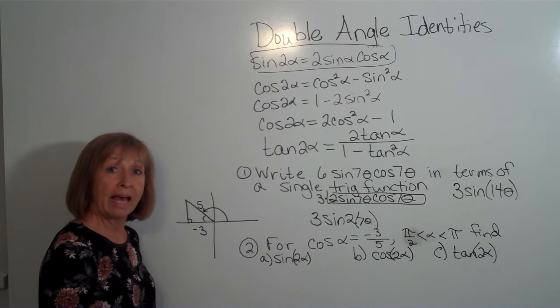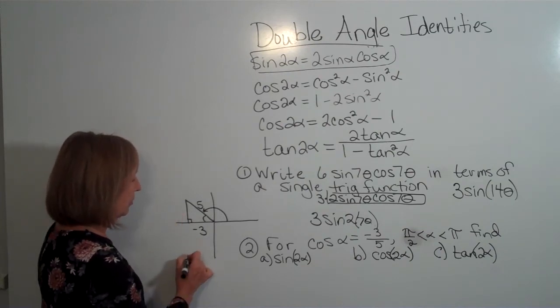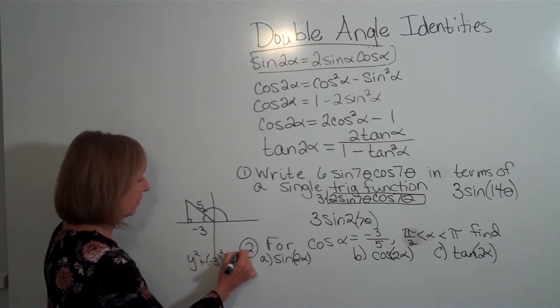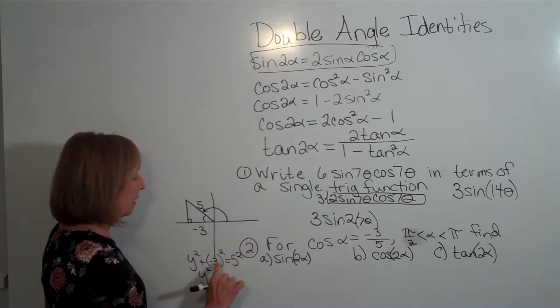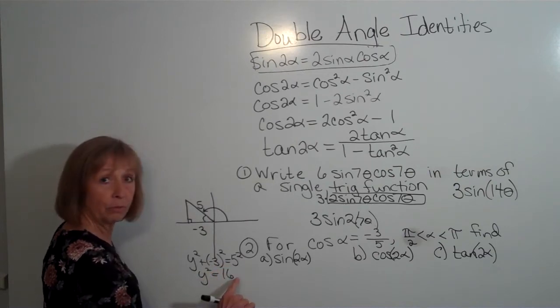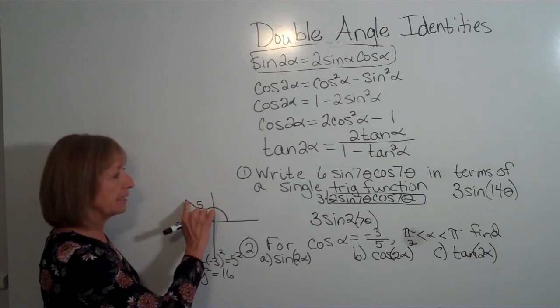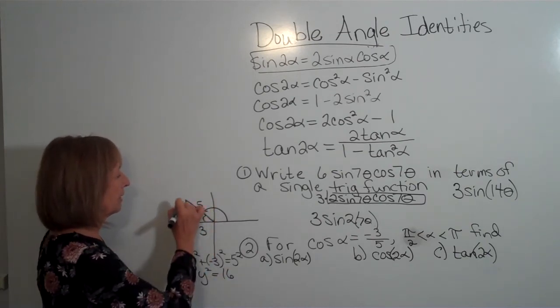And we'll use the Pythagorean theorem to find the missing side of the triangle. So y squared plus -3 squared is equal to 5 squared. And I get y squared is equal to 25 minus 9, which is 16. Take the square root of both sides, y is plus or minus 4, but I have to go up to get into the span of angles from pi over 2 to pi. So that's going to be a +4.